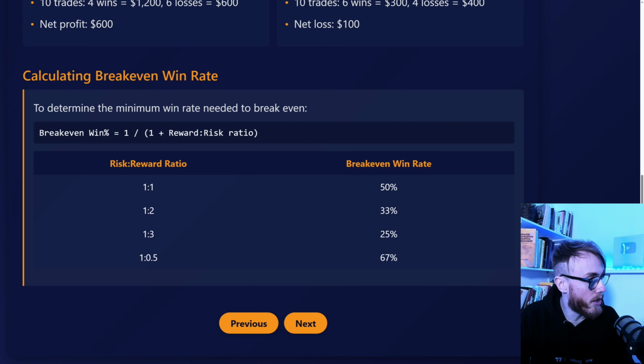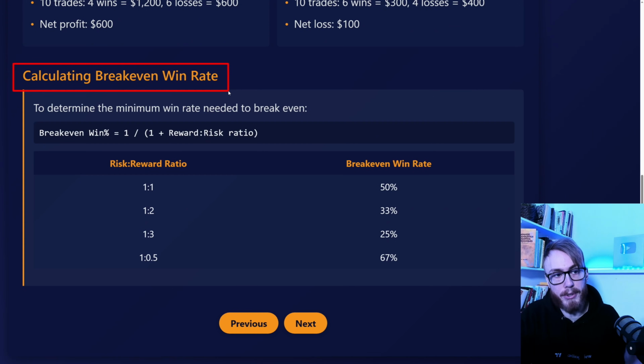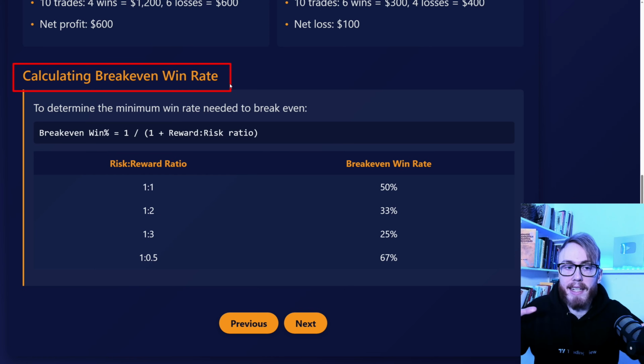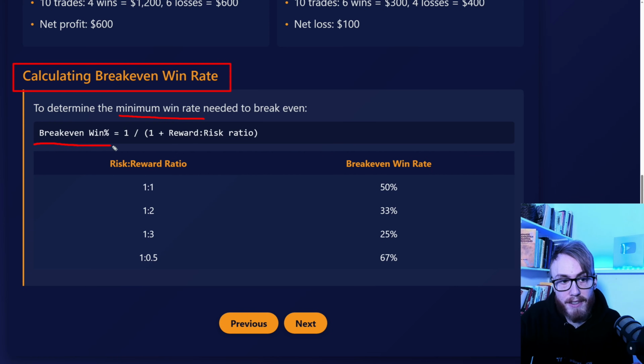Now I want to turn the attention to something very important. And this is basically calculating the break-even win rate. So to determine the minimum win rate we need to break even, we can use this formula right here. It's not super important to learn the formula, but I hope this can make a good sort of intuition.